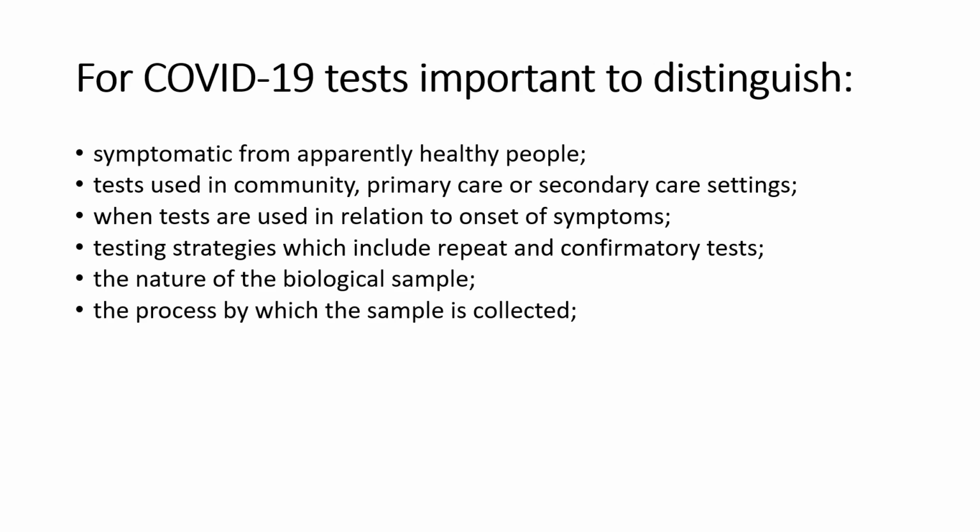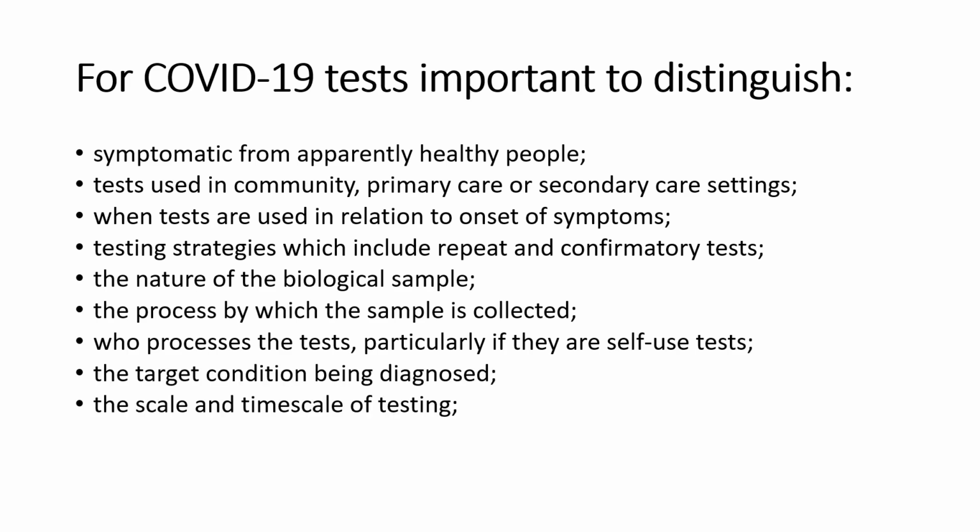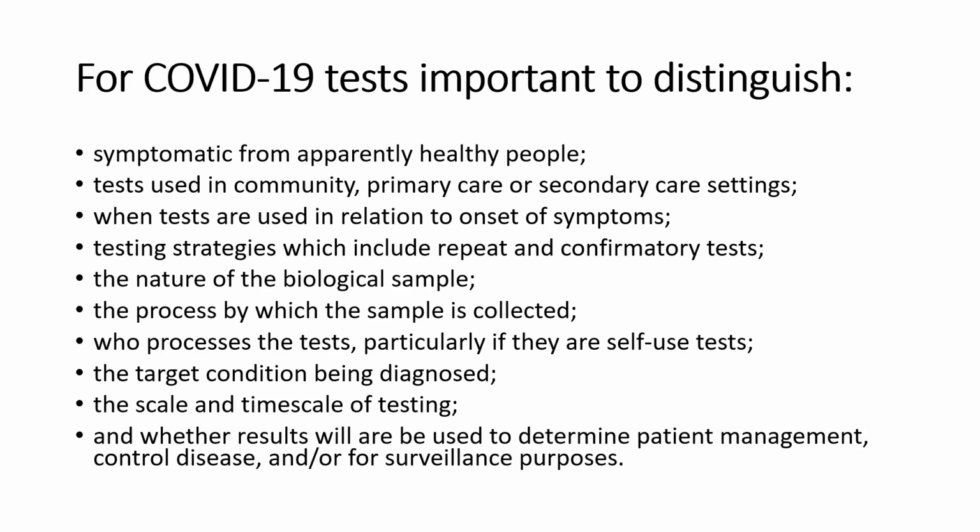Who is taking the swab, the process of doing that, who is doing the test, do we actually know how well they work when they're being done by users themselves, what are we diagnosing, what's the scale and time scale of testing, how fast and how big is this venture to do the testing, and then why are we doing this? So these have all been particular questions which come up with COVID tests.